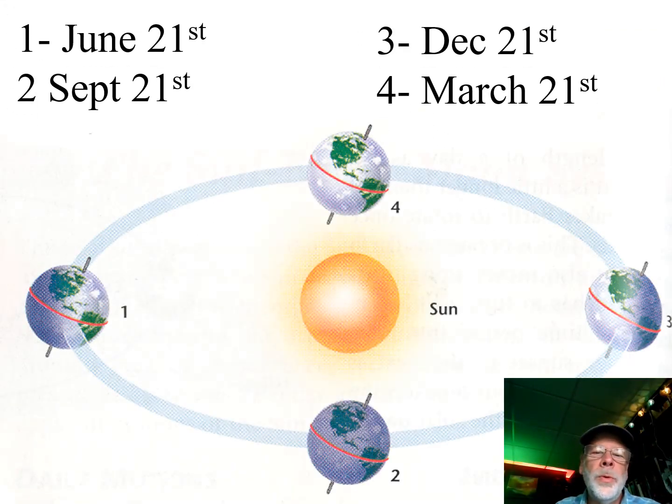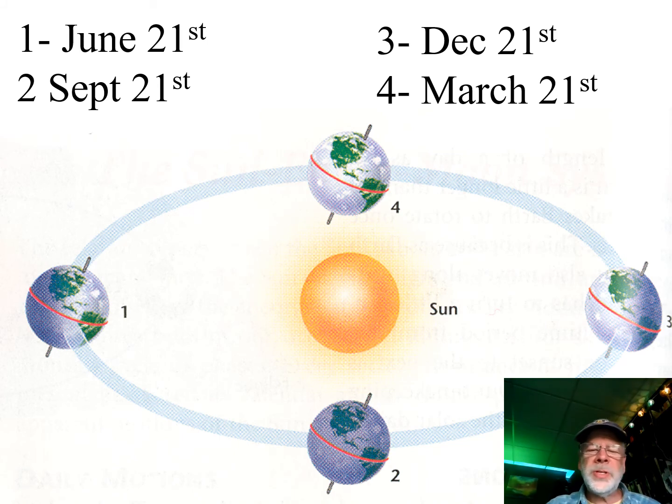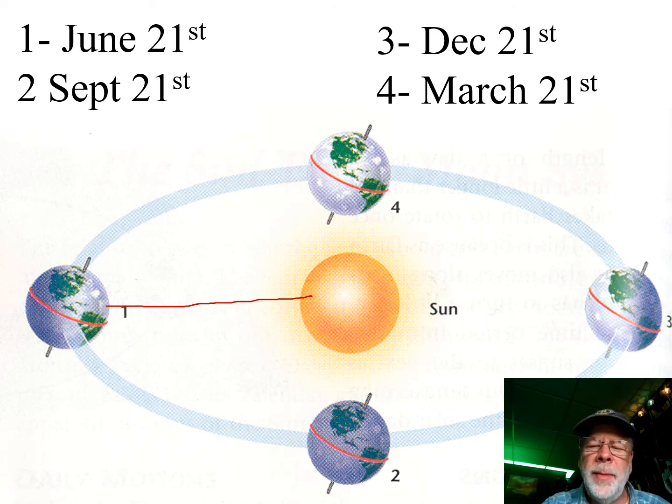So we have a number of days that we mark out, and these are approximate: December 21st, June 21st, September and March 21st, 22nd, 23rd, depending on the year. But just take a look at this. When we're tipped in position 1, if you mark out where the sun is directly overhead, it's somewhere in the northern hemisphere.